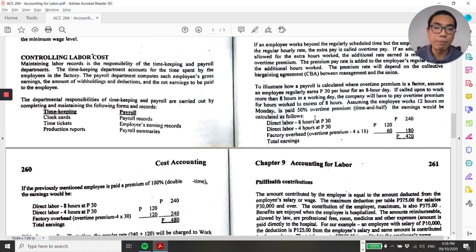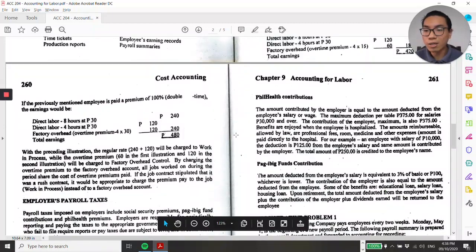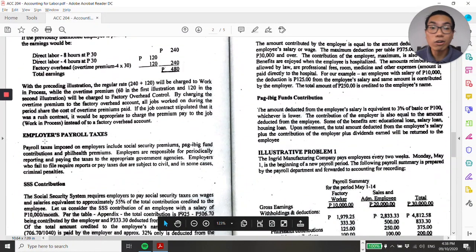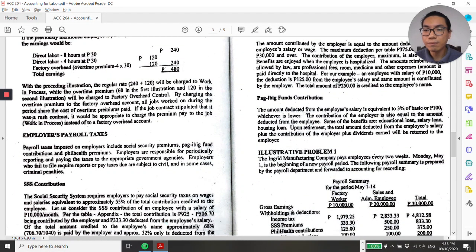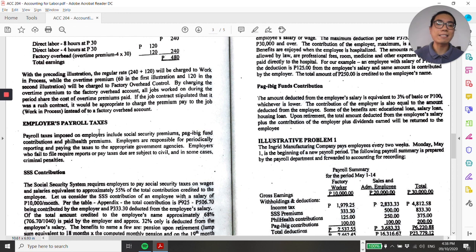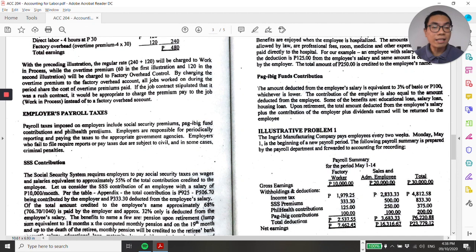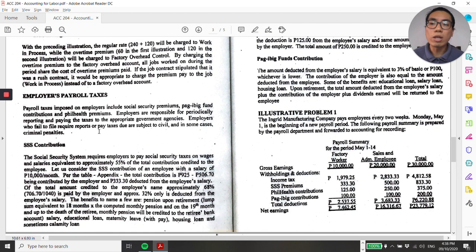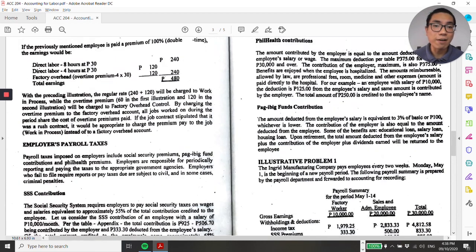Before I discuss the illustration, allow me to jump in on the payroll taxes. We have three main payroll taxes paid by the employee and the employer: first, the SSS contribution; next, the PhilHealth contribution; and third, the Pag-ibig funds contribution.